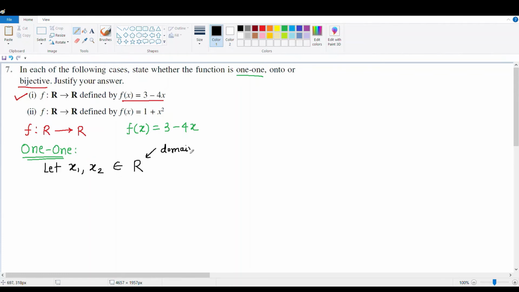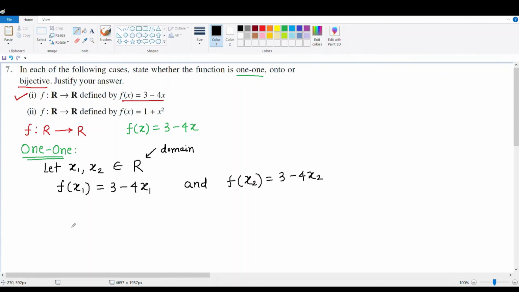Here we are picking x1, x2. Now from the function definition, f of x is 3 minus 4x, so f of x1 is going to be 3 minus 4x1, and f of x2 is going to be 3 minus 4x2.